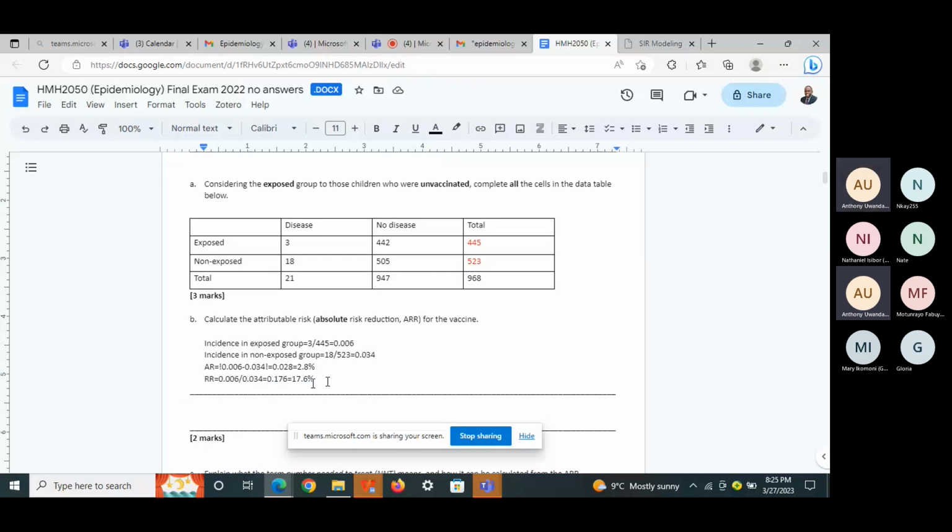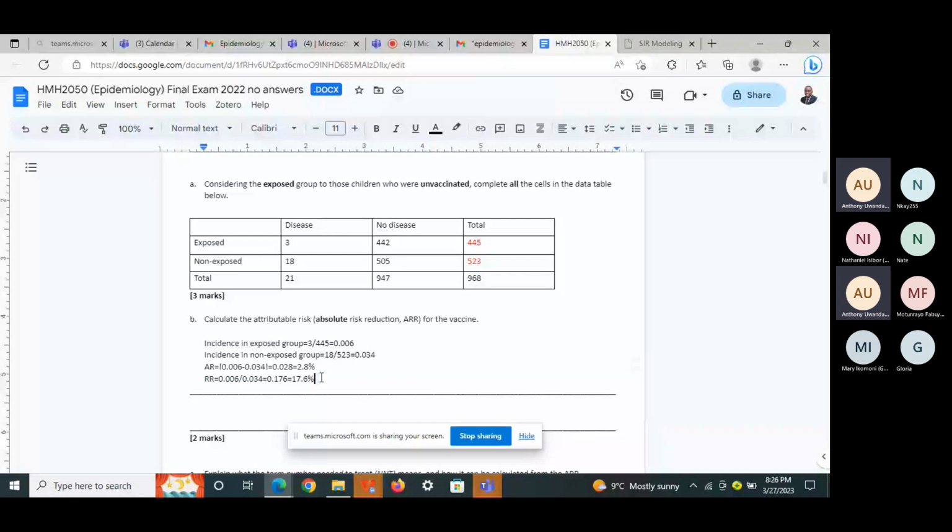From here you will see that being vaccinated, the risk of death is 17.6%, but not being vaccinated is associated with a risk of what? 100% minus 17.6%.